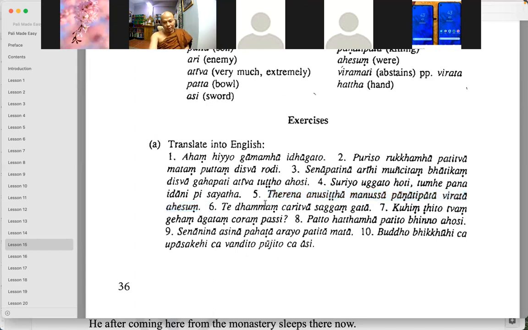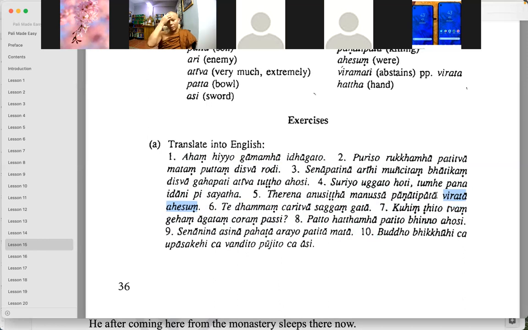we can say therena anusittha manussa is the subject, a past participle phrase used as subject. And then virata ahesum is the verb in the past perfect, so had or have abstained. And panatipata is the ablative case related to virata.